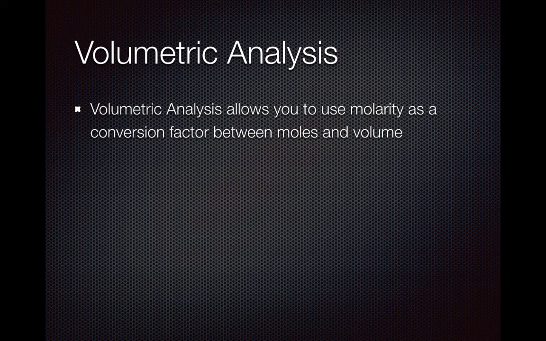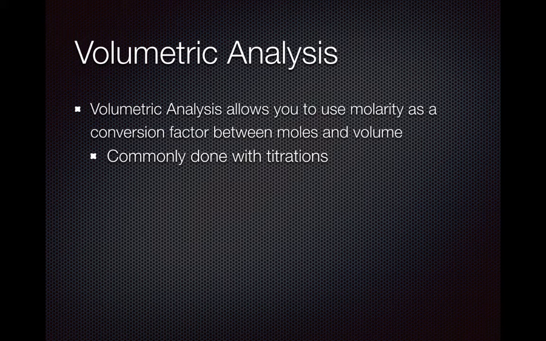Now another place we see acid-base reactions is in a process that is called volumetric analysis. And really what we're doing here is we're using molarity as a conversion factor between moles and volume. We very frequently use this technique with titrations, which is a very common analytical technique.